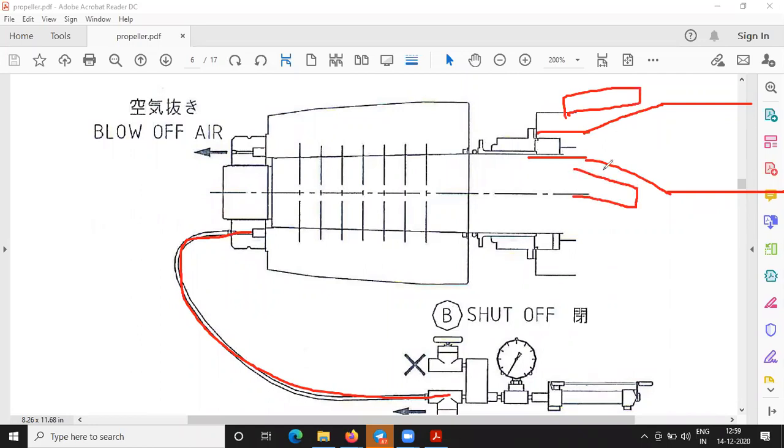Okay, until the tapered portion of the boss comes into action with the tapered portion of the tail shaft, you will not see any increase in the pressure.